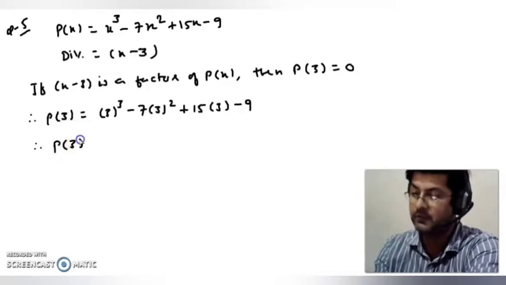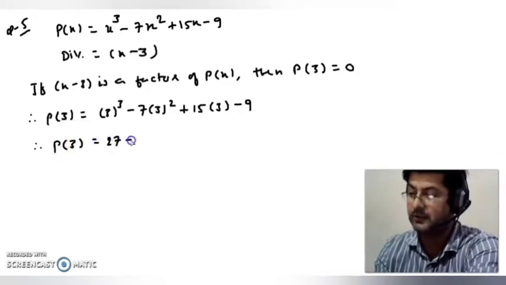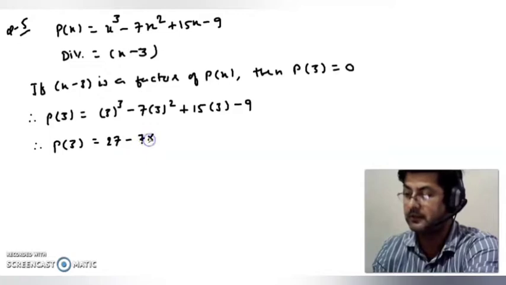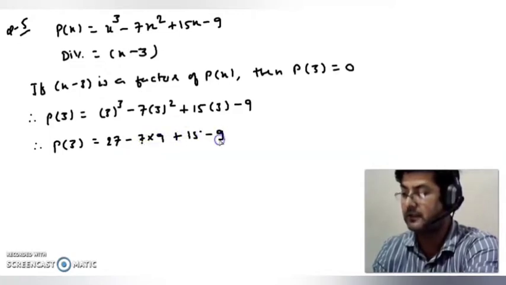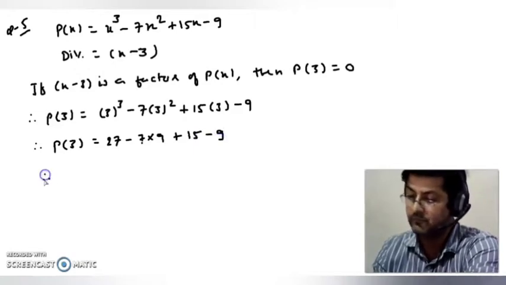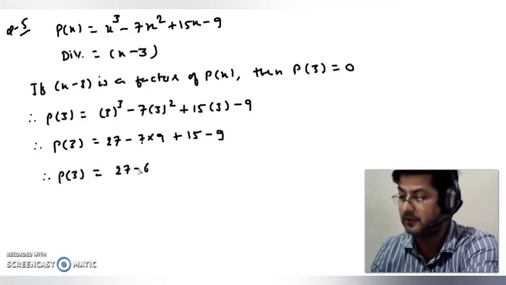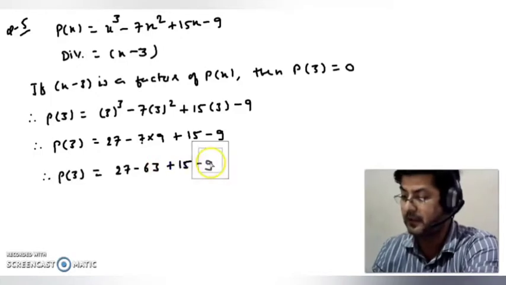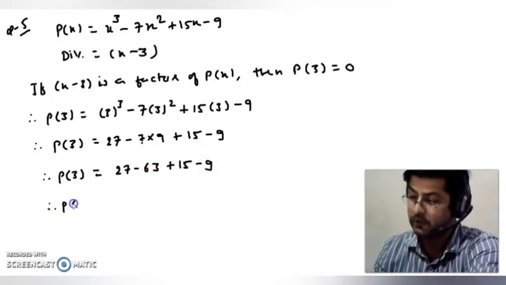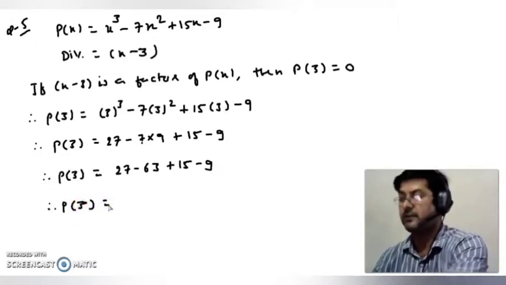Therefore, p of 3 is equal to 27 minus 63 plus 15 into 3 minus 9.